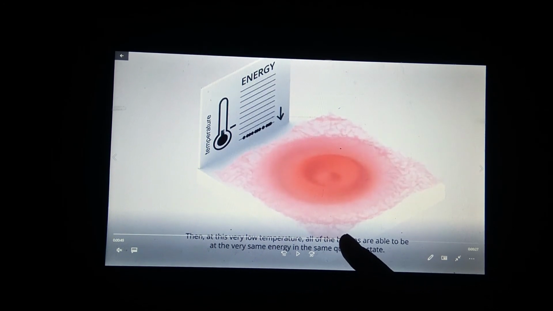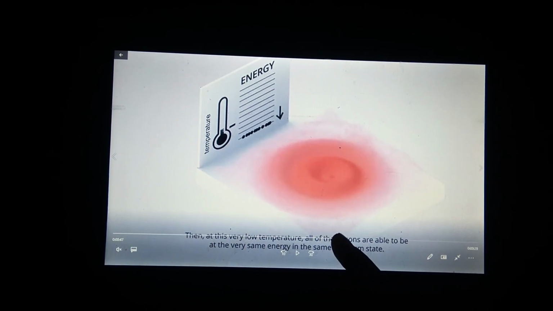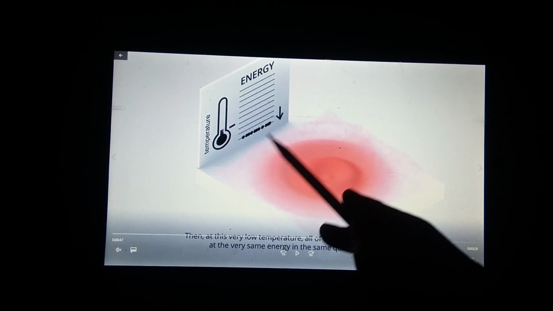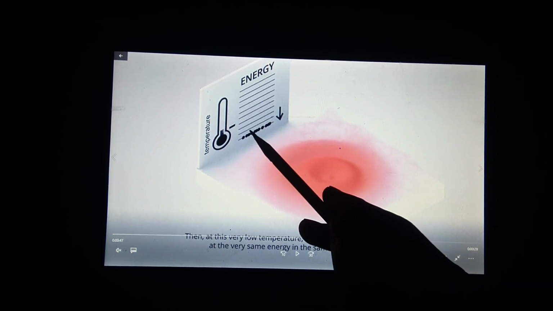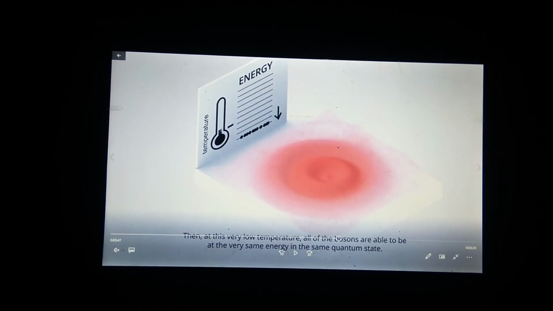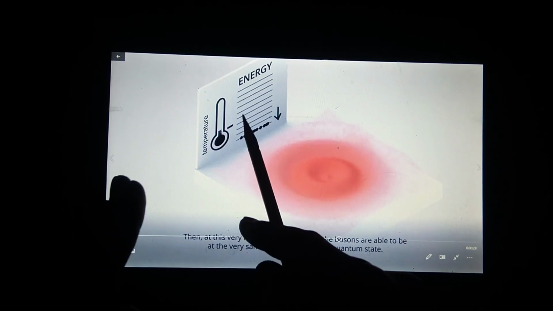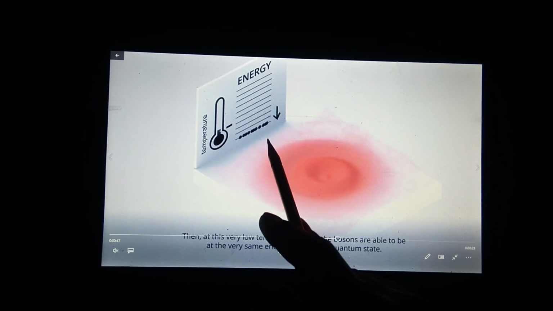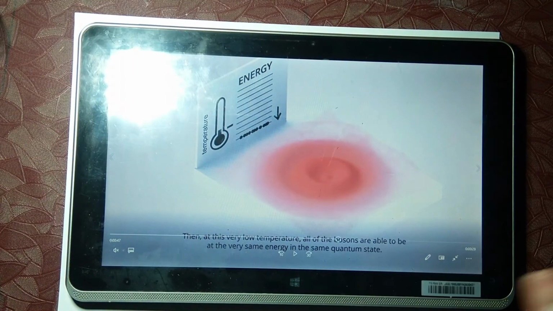Look, a small change in the temperature gets a large, rapid change in the number of bosons in the ground state. So this temperature is called the degeneracy temperature, and this rapid change is called Bose Einstein condensation.